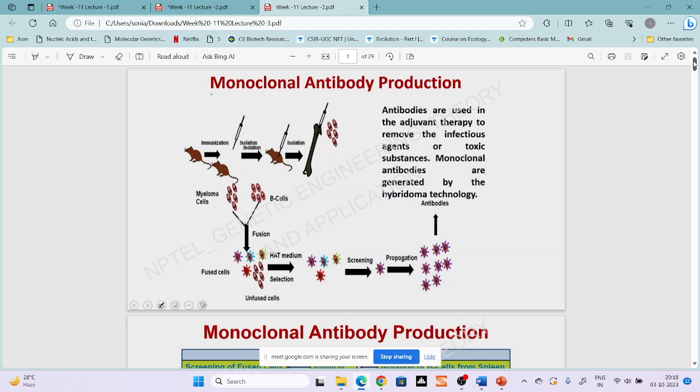What is the difference between them? Ma'am, monoclonal antibodies are produced from the same B cell clone, and so obviously they are against the same antigen. Polyclonal is against the same antigen but from different B cells.